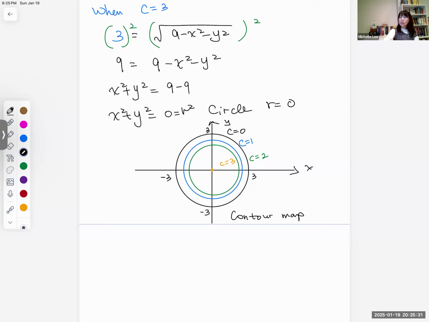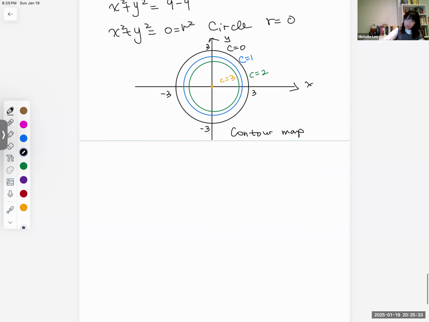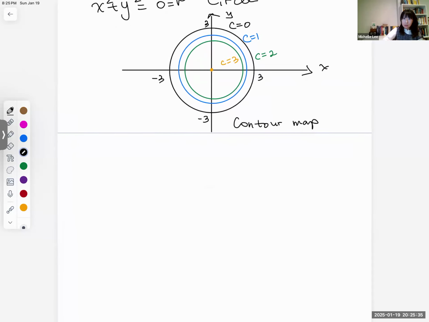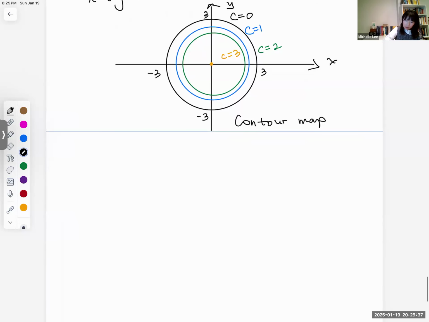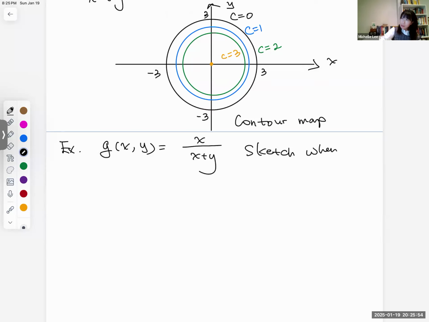Okay, so let's do this one. G of xy equal to x over x plus y. Sketch when c equal to -6, right?